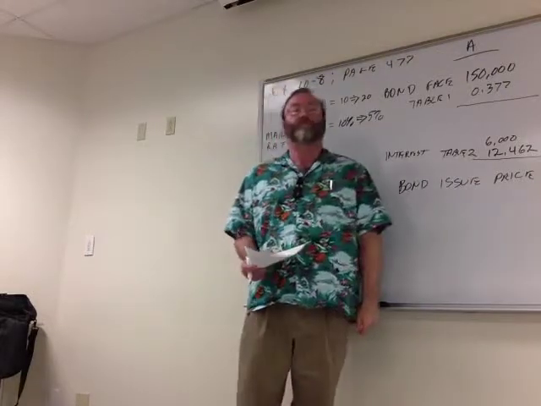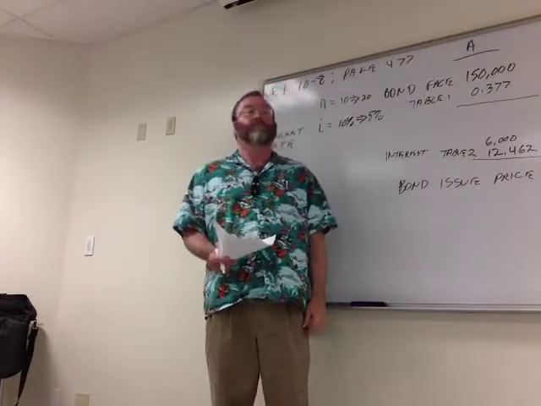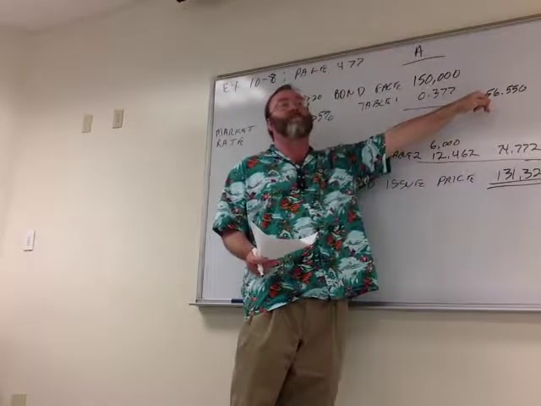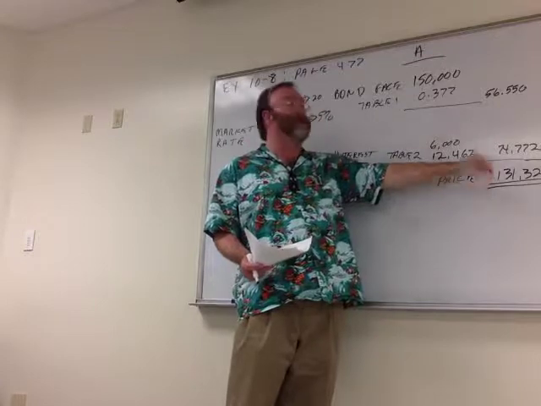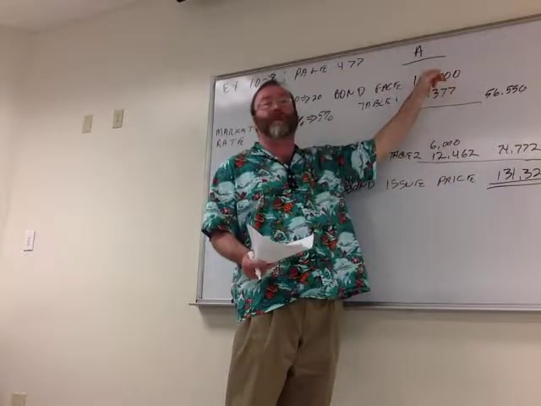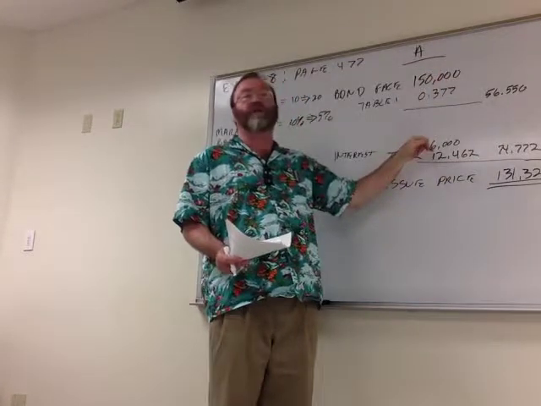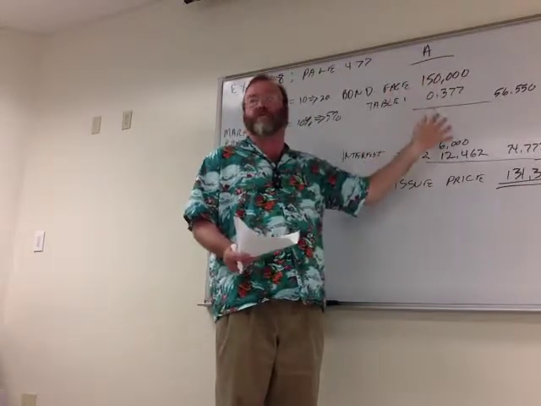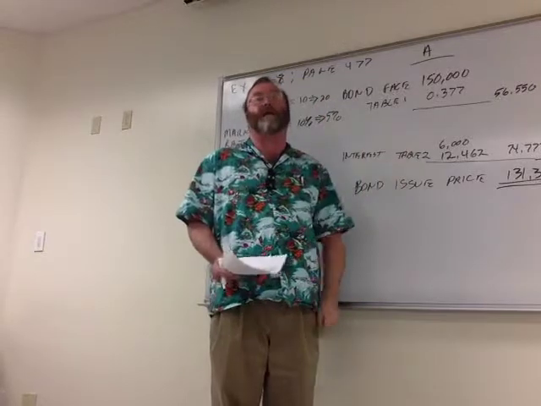That's what it's worth today. But you're not just getting this single payment, you're getting this also every 6 months. So the combination of the two cash flow streams is the price of the bond.